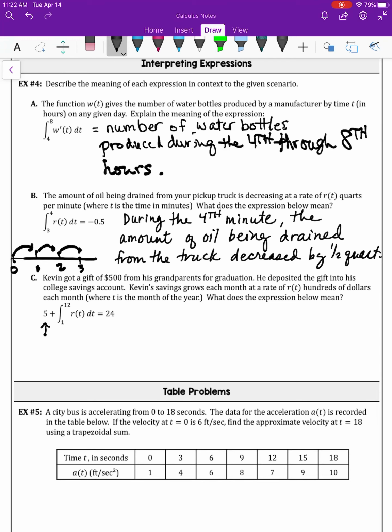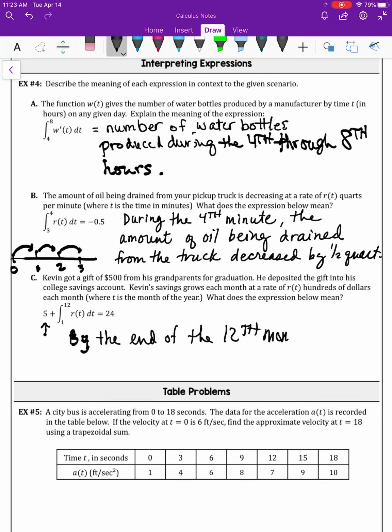So now they're saying that initial investment plus the integral from 1 to 12 of R of t dt is equal to 24. And so what this means, because he's depositing, it grows, however, we don't know how it's growing, but that is the rate at which it's growing.